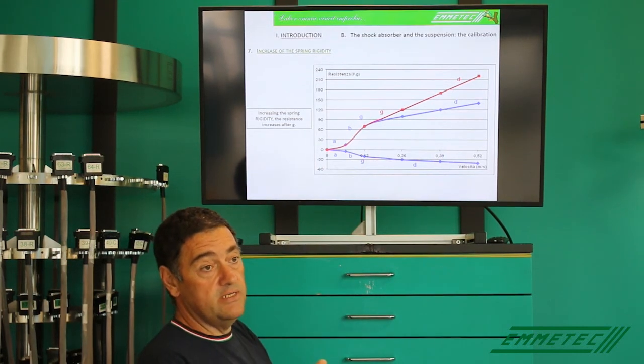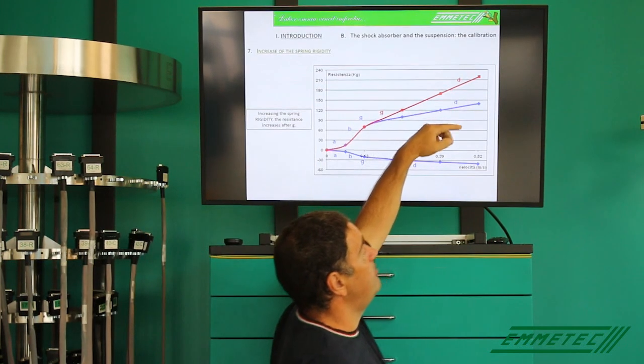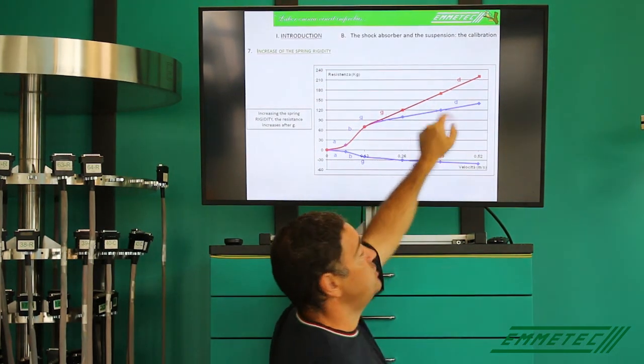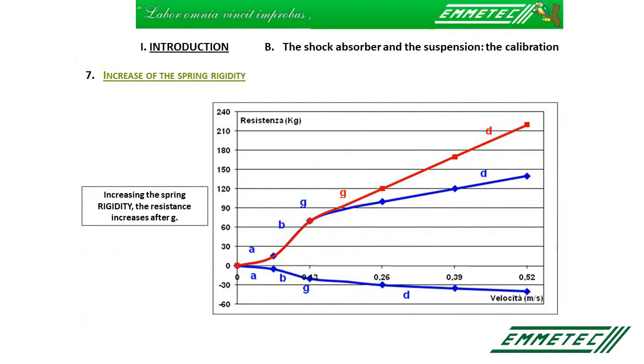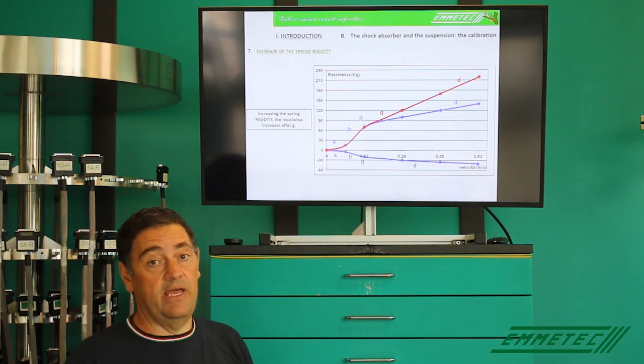But because the new spring is harder than originally, the new diagram will be harder after G. This could be used in order to reduce the pumping or other type of behavior of the car but only at higher, very high speeds.